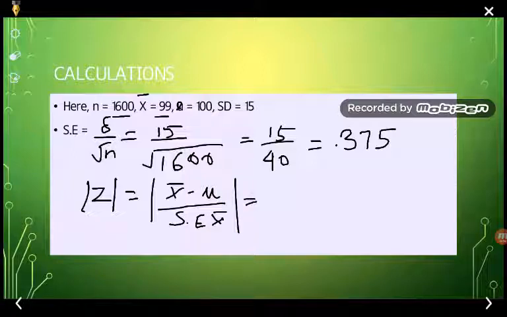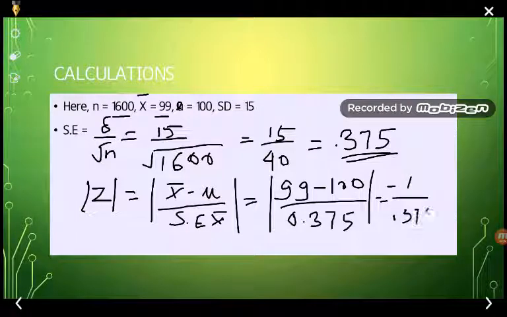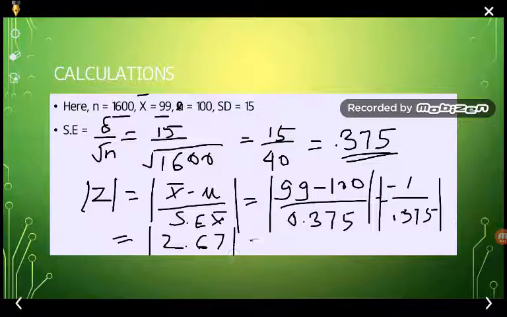That will be equal to 99 minus 100, all absolute, divided by the standard error, which we got as 0.375. So that is minus 1 by 0.375, again absolute, which is equal to 2.67.